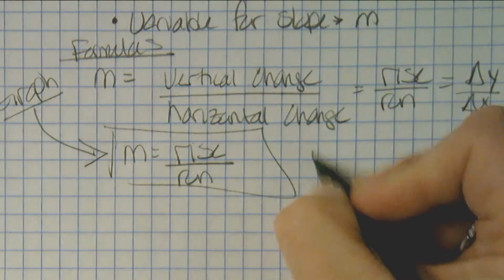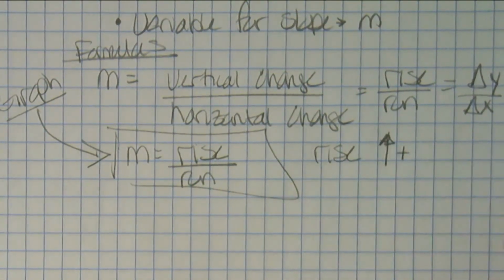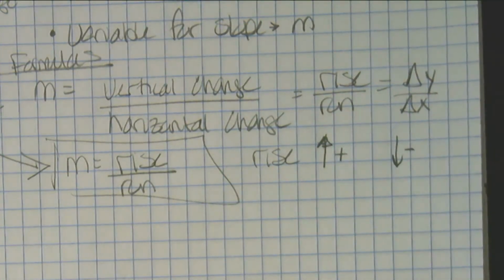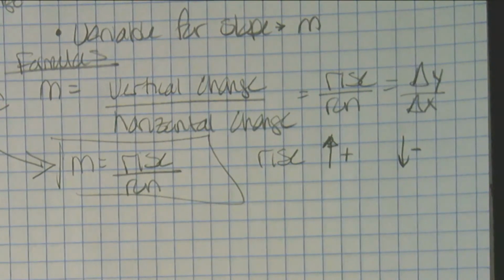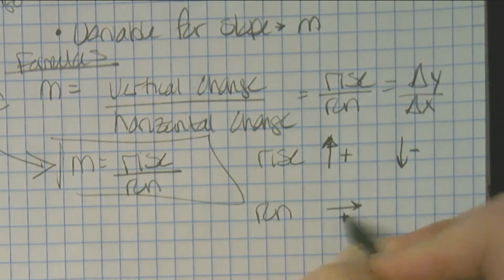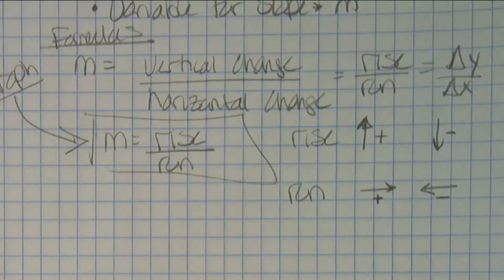When we talk about our rise, up is positive, down is negative. When we talk about our run, to the right is positive, to the left is negative. We ran into that last night on our graphs.